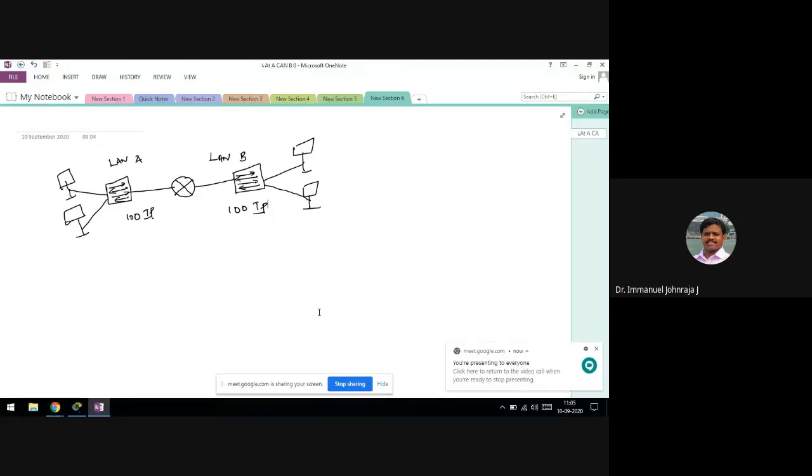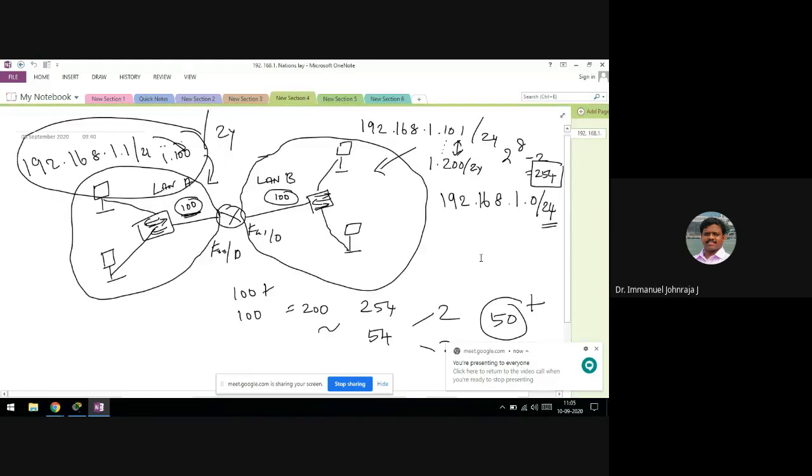Right. So I wanted to go back to our topic from the last class. This is where we stopped. We had a network topology with a router connecting two different local area networks which require 100 IP addresses.